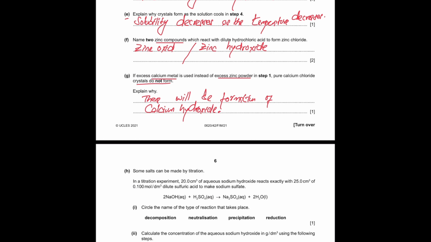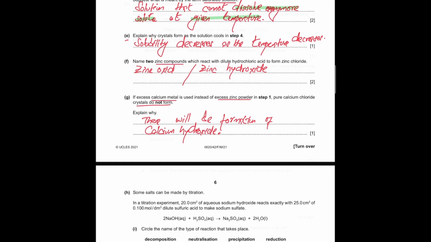When we use calcium metal, it forms calcium hydroxide instead of calcium chloride. So we must use a powder to ensure there is formation of the chloride instead of the hydroxide.